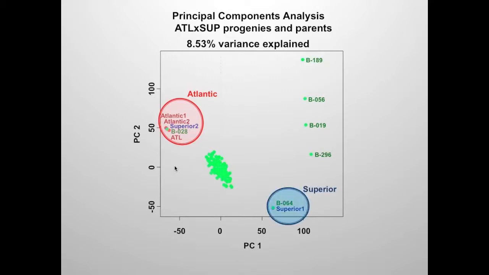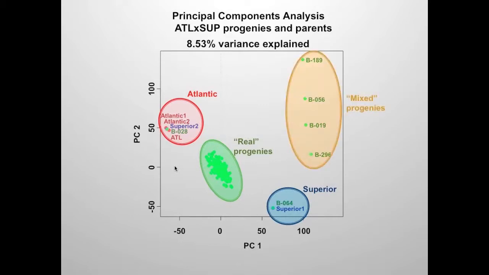We have the other parent, Superior, and there was one of the progenies that was actually Superior instead of being a progeny. And all the real progenies are in between Atlantic and Superior. So we can trust that those are part of the progenies and they can be used for the mapping analysis.